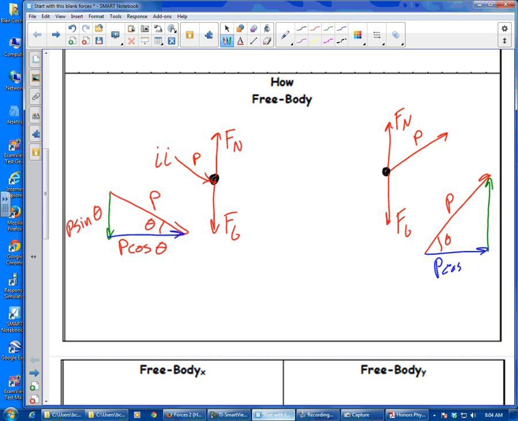P cosine theta is the same here. But now over here where I'm running out of space, it's P sine theta also. But this time it's upwards, where in part 2 it's downwards. So that changes whether it's a positive or a negative force. So continuing on with number 2 here.